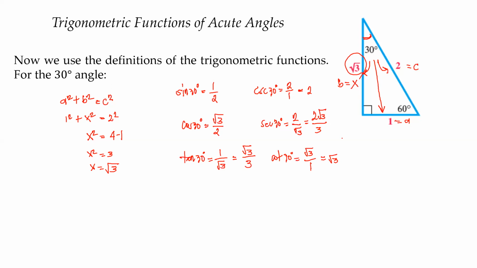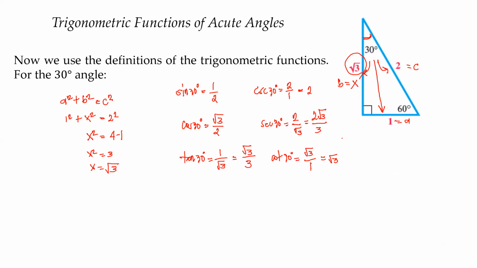Cosine 30 is 0.866025403. And you try to input square root of 3 divided by 2. And that is indeed 0.866025403. And tangent 30 is 0.577350269, which is square root of 3 divided by 3.